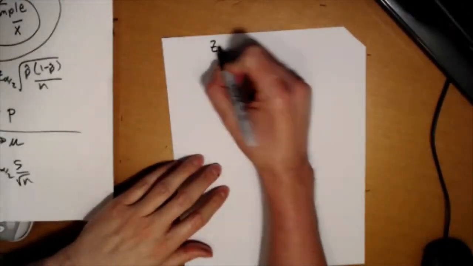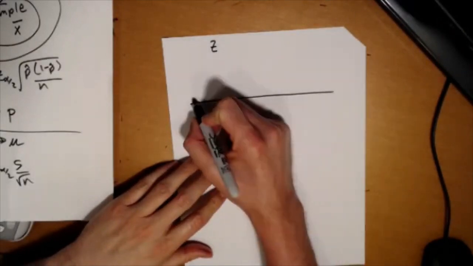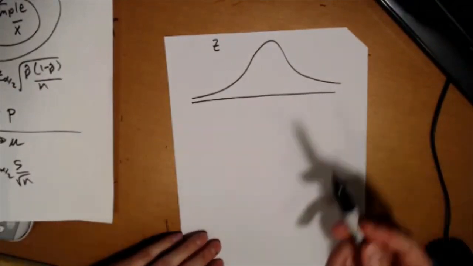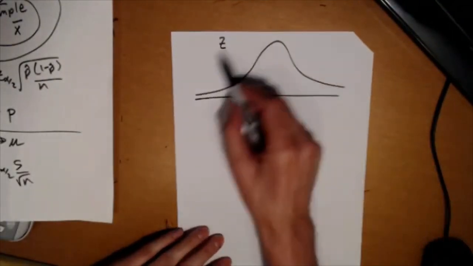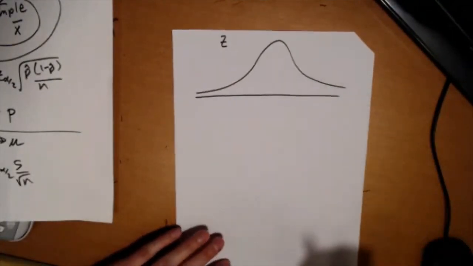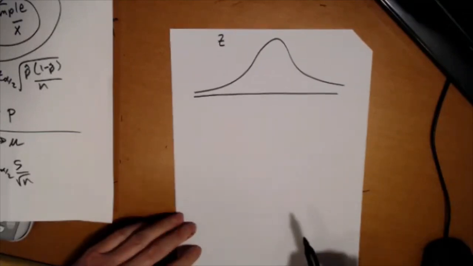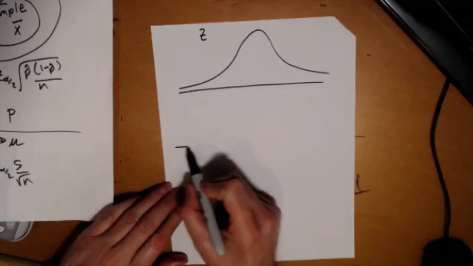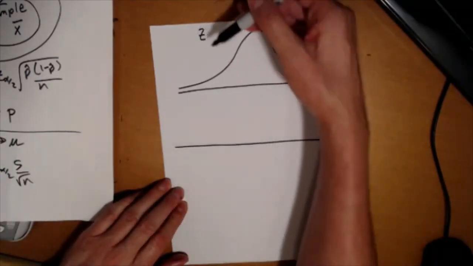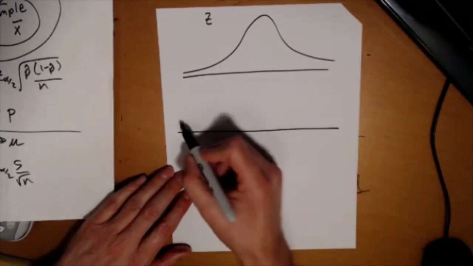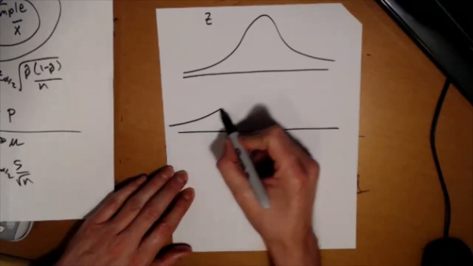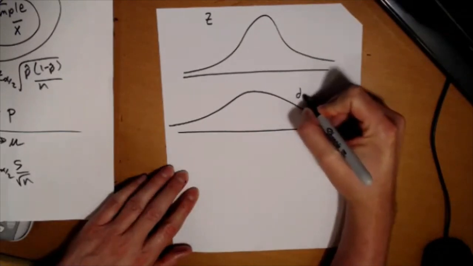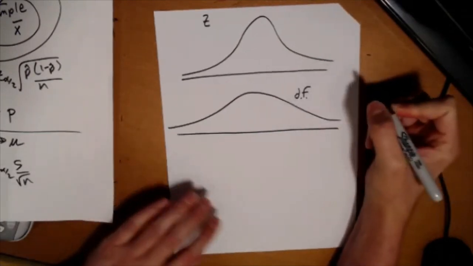our z distribution, the normal distribution, we'd always draw a nice little bell curve. And we had a whole z table that corresponded to that. So imagine if there was just a bunch of different, more squished down distributions. So maybe it looks something like that. And that would have degrees of freedom. What's that? We'll talk about that in a second.